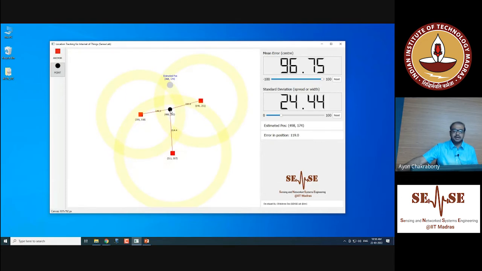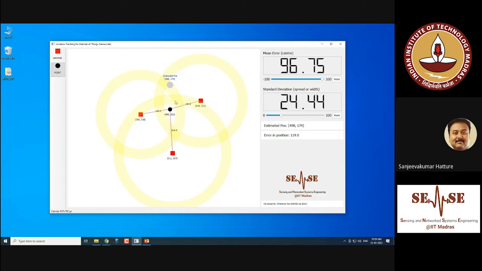Sometimes the error is very, very high, and it is not the problem of the algorithm. It's the problem of the noise, and so much noise is there. Even if you are given this task visually, suppose I hide the node from your sight, I don't show you the node, I just give you the ranges. Probably you will figure out that this is the location of the estimated node where most of the three circle rings are concentrated. Okay.